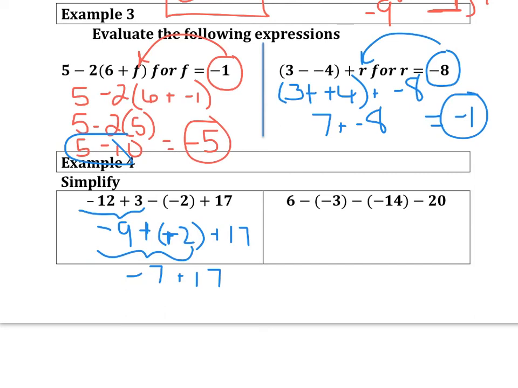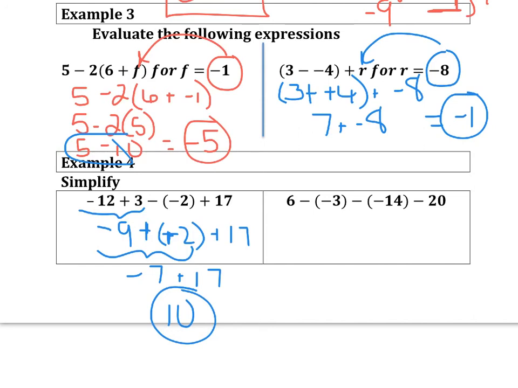So we would have 17 minus 7, which is 10. This time the bigger sign is positive. And so our final answer would be positive 10. And again, keep in mind, if we started at negative 7 and we increased by 17, it would take us 7 movements to get up to 0, and then an additional 10 is where we would end up, which is why positive 10 is our final answer.